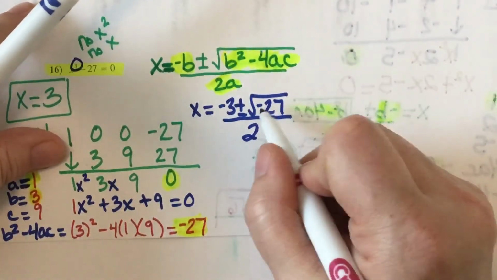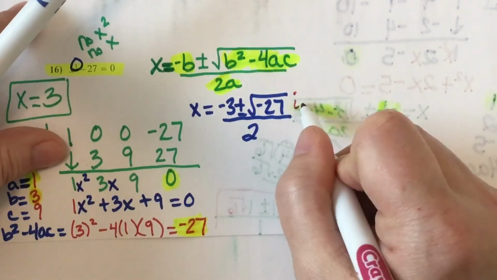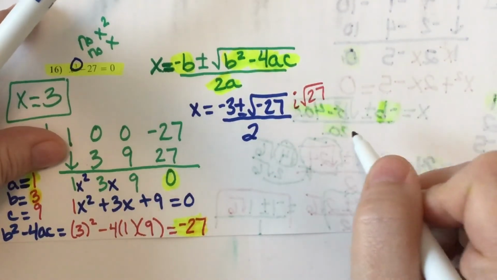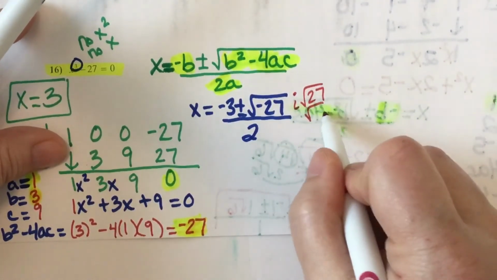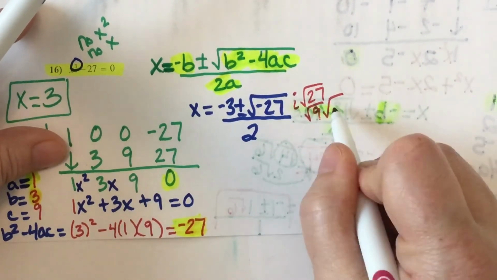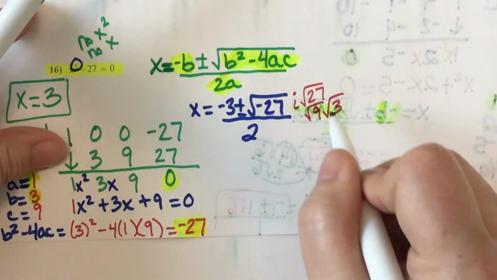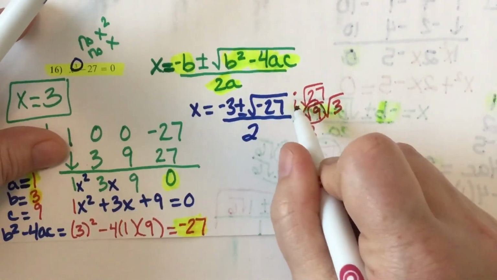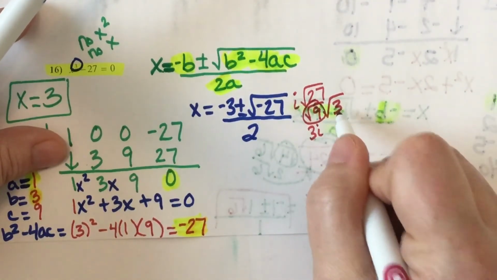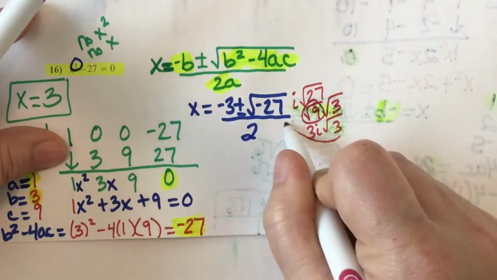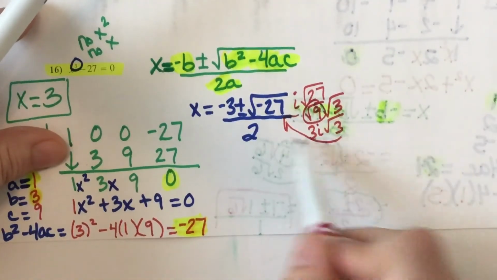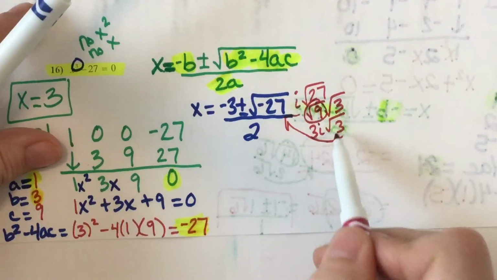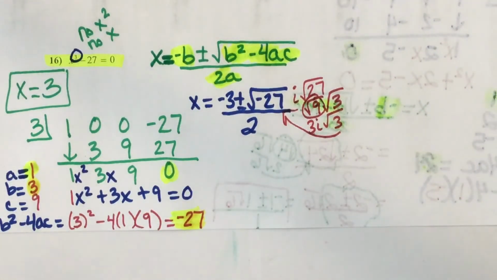Okay, from here, we're working on breaking down the square root. All right, because of the negative, I'm going to need an i. And then you'll be left with the 27, which you can't take the square root of, so you're going to break it down. 9 can go in there 3 times. And then the square root of 9 is 3, so 3i. And then you can't take the square root of 3, so you recopy. So I'm going to rewrite this, but I'm going to replace the square root of negative 27 with 3i square root of 3.